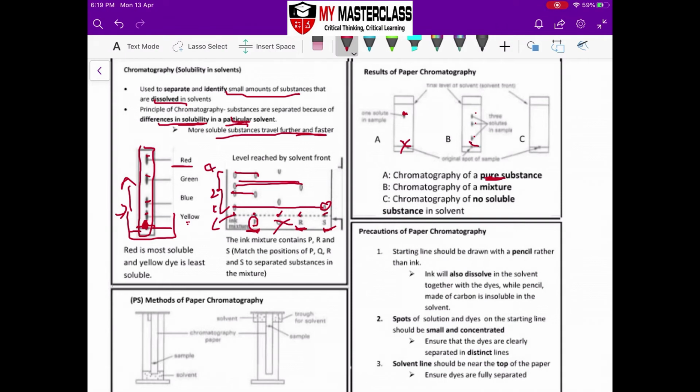Same thing, there is no dot at the starting line anymore. It separates into 3 dots, so it's made out of 3 substances. And then your C, your sample will remain here. There are no dots along here that you see. If there are no dots, it means that there is no soluble substance, because your sample ink remains here.